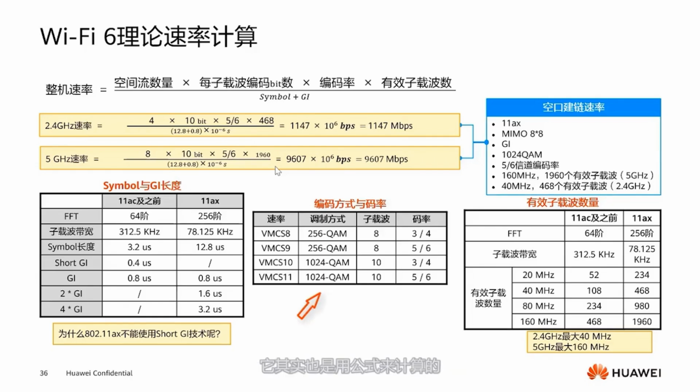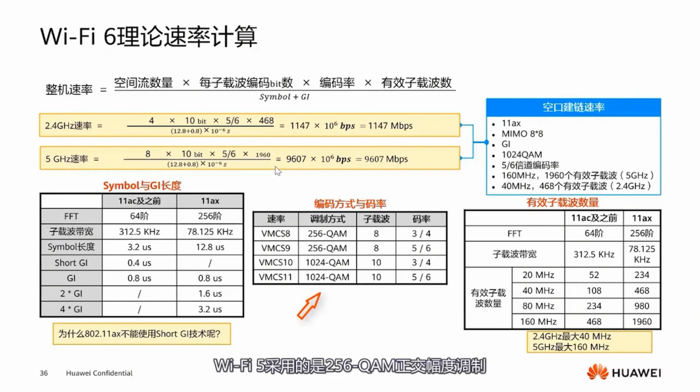The second is the number of bits encoded per subcarrier, which is actually calculated using a formula. For example, the modulation method in 802.11ax is 1024 QAM, 1024 being 2 to the 10th power, meaning the data a subcarrier carries is log2 1024 equals 10 bits. 802.11ac is 256 QAM, so the data volume carried by a subcarrier is log2 256 equals 8 bits.